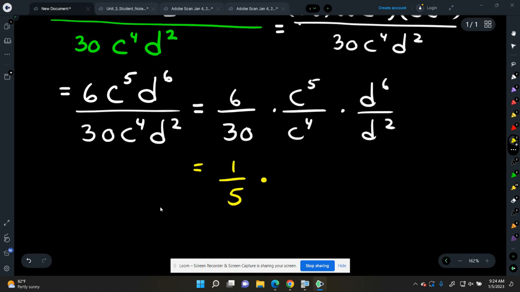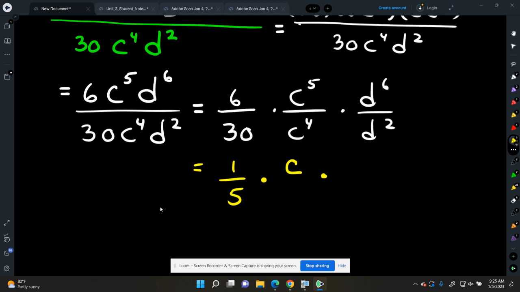C to the fifth over c to the fourth, Michael, what's that equal? C to the first, on top. Okay, c to the first on top. And then we have d to the sixth over d to the second.